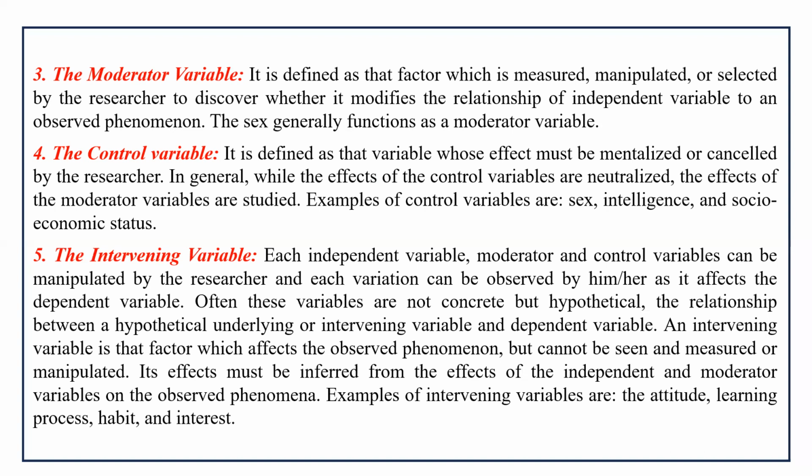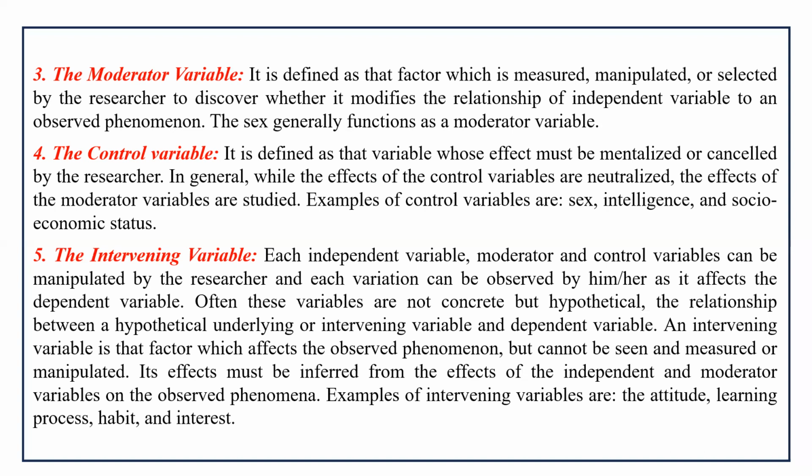Now in the next, we are going to see what an intervening variable is. An intervening variable is an abstract scientific concept that scientists invoke to label or summarize the relationship between independent and dependent variables.